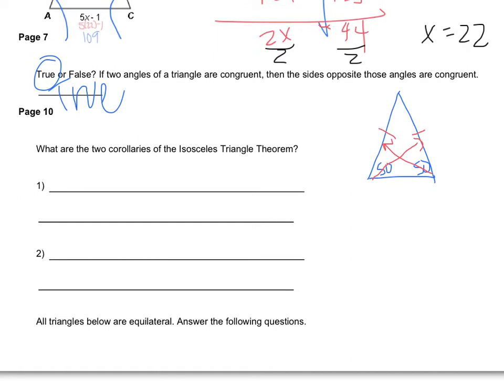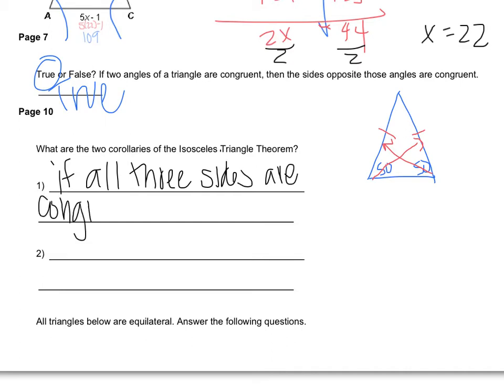There are two corollaries. Corollaries are things that we take from theorems that must also be true. The first corollary is that if all three sides are congruent, all three angles are congruent.